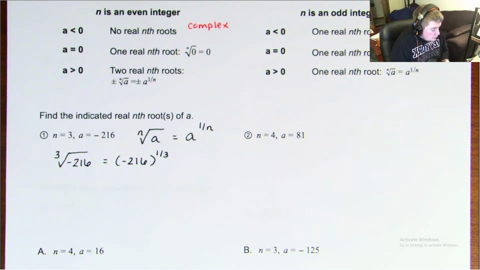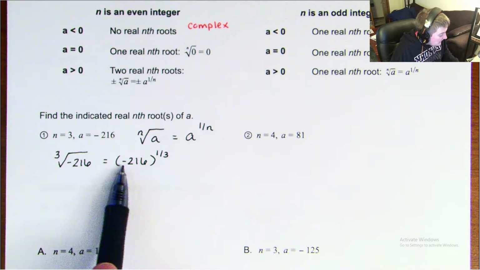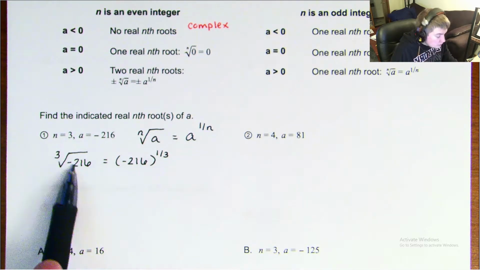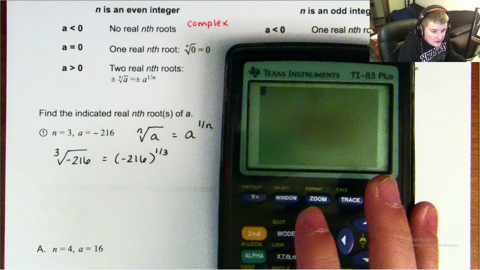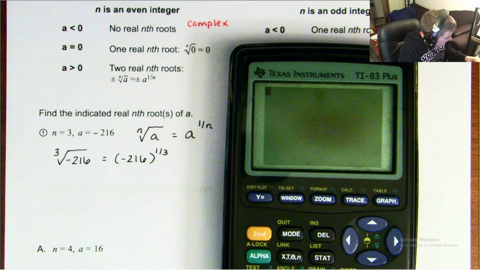You can go ahead and type this into your calculator. When you're taking a negative number to an exponent or to its root, you need to put parentheses around it, otherwise you're going to get different, incorrect values on occasion.